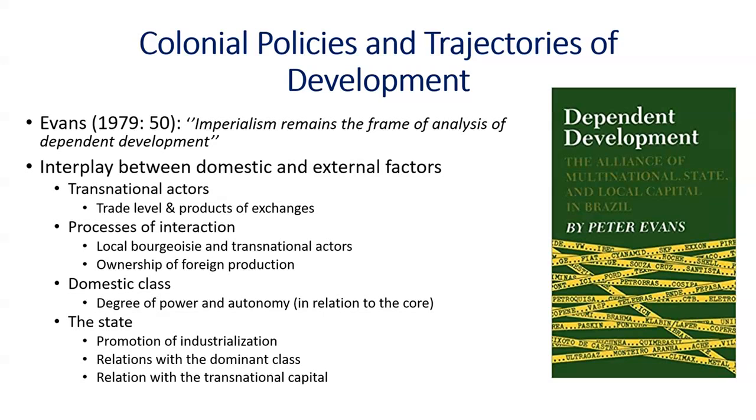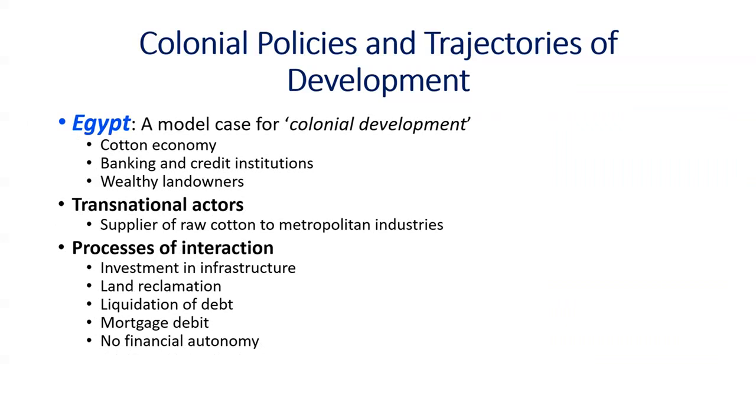It should have accumulated those revenues in order to transfer them later to social welfare programs or industrial transformation projects. And then the relationship with transnational capital: whether the state is autonomous or subservient to it. And this is exactly what happened in Egypt.